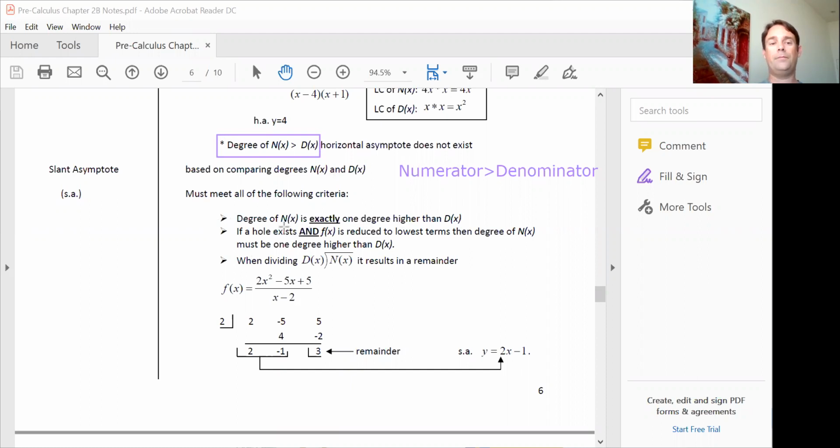Okay. Now, a slant asymptote occurs when that happens. The way we find it is by dividing. So notice how we have this x minus 2. Looks like Ms. Hodge is dividing that into 2x squared minus 5x plus 5. So she's using her synthetic division. Notice what happens here. When we divide, we always end up with a remainder.